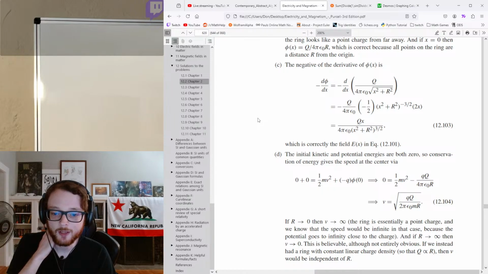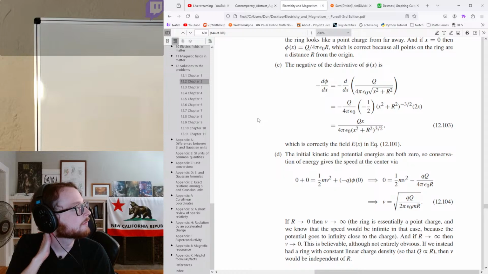If we had a ring with constant linear charge density, do we not have a constant linear charge density?